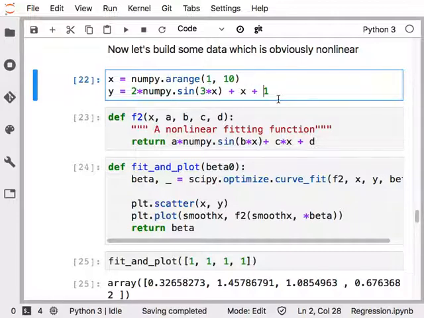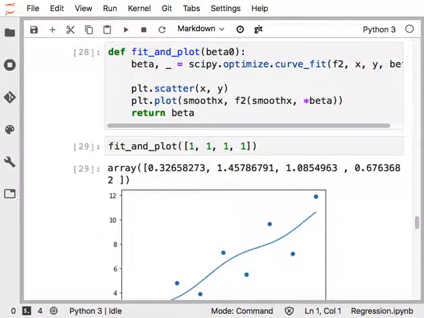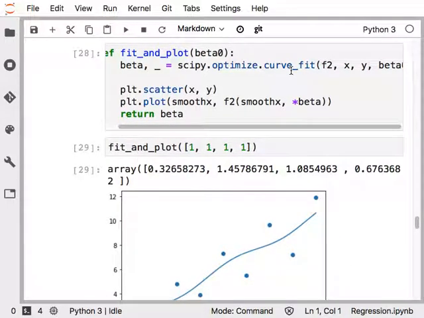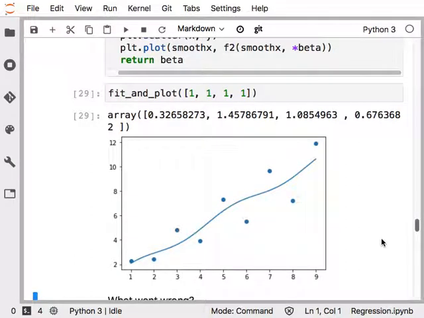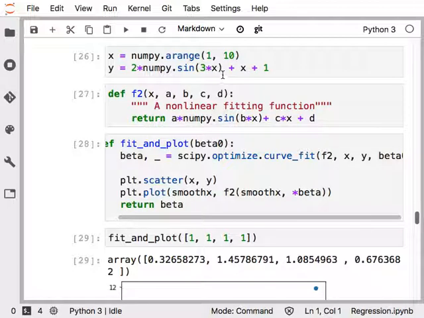So I'm choosing a couple of x points, I'm evaluating that exact function, and I'm using again my wonderful optimized curve fit, and this is not exactly what I expected. The correct answer is 2, 3, 1 for the coefficients. That's the right answer because those are the values that I put in the formula to start the points off with. Why doesn't it work?